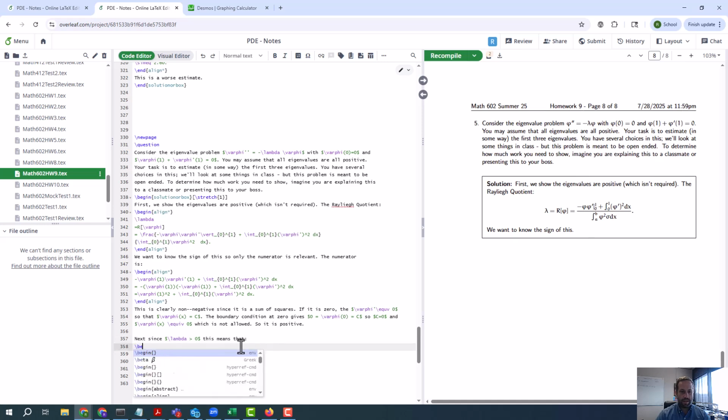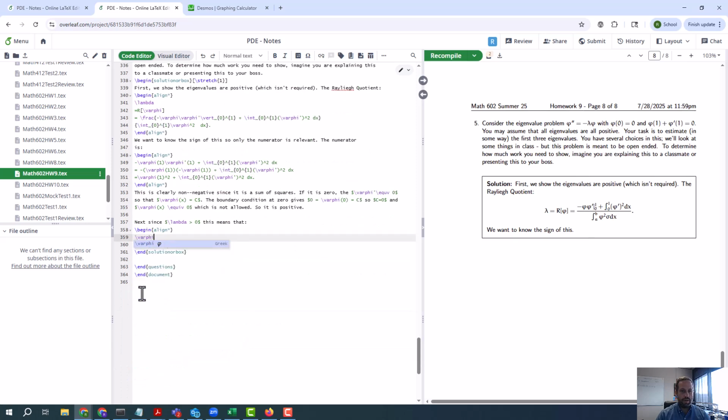This means that phi of x is equal to a cosine square root of lambda x plus b sine square root of lambda x. Okay, and we also need to know the derivative for the boundary condition, so I'm going to put the derivative here. Whoops. We'll see why I'm not going to do that. That's going to be too much work.